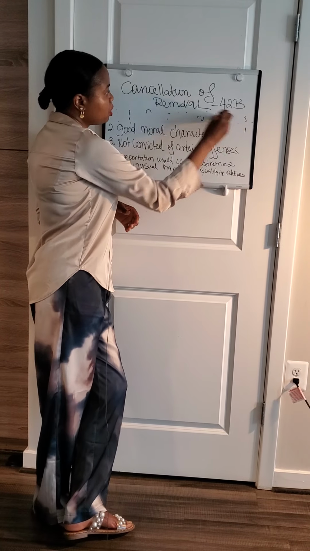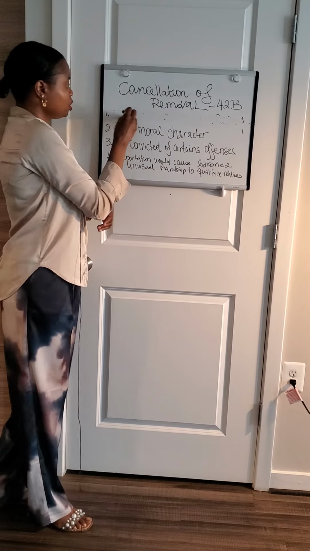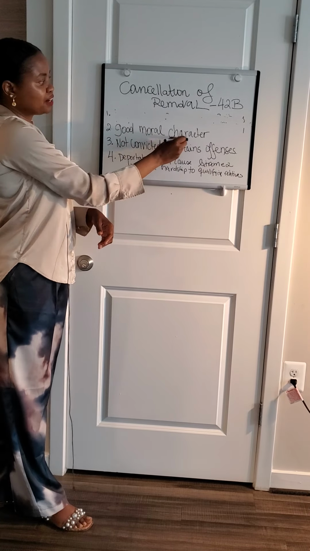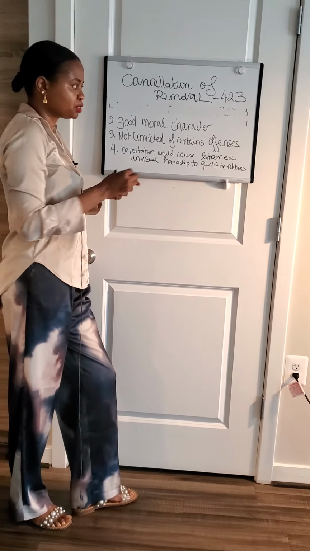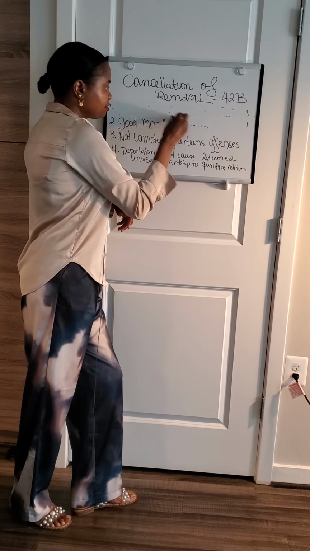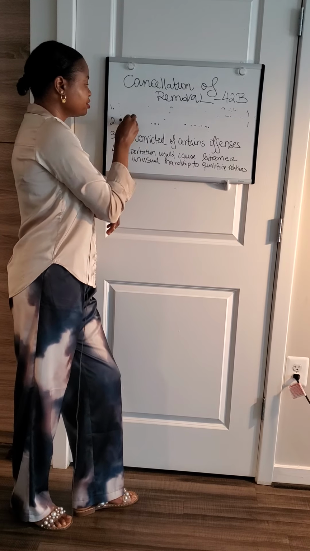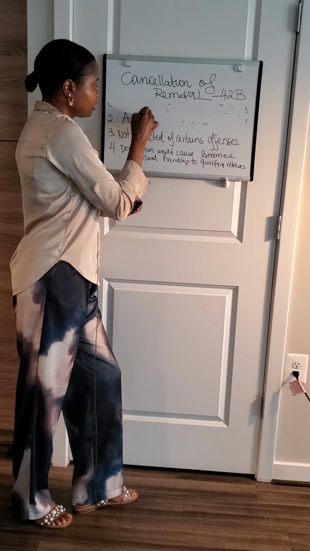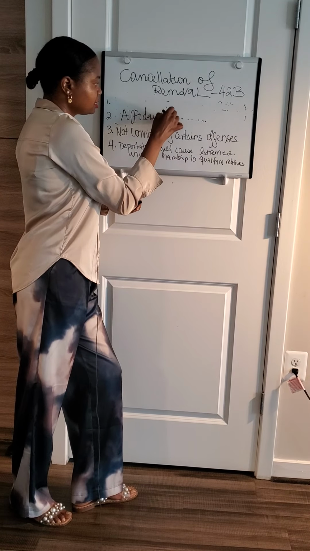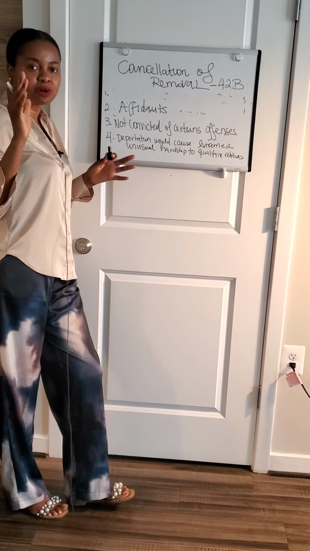The second requirement here is number 2, which is good moral character. How do we know that this person has good moral character? First of all, you have to have an affidavit of support, right? Affidavit from friends and family who have credibility.